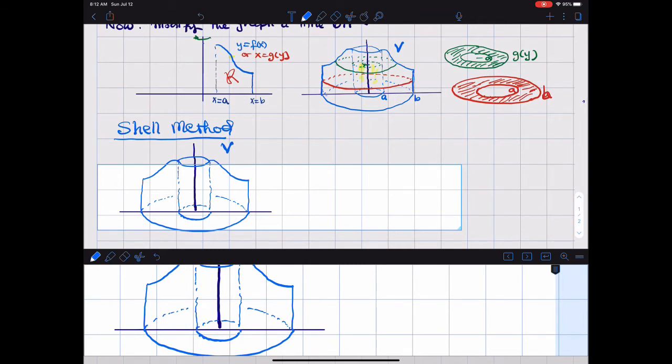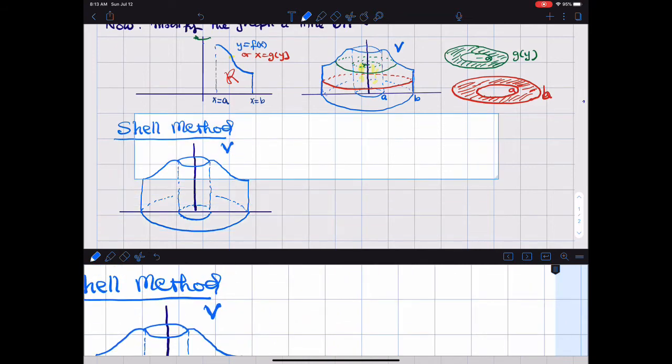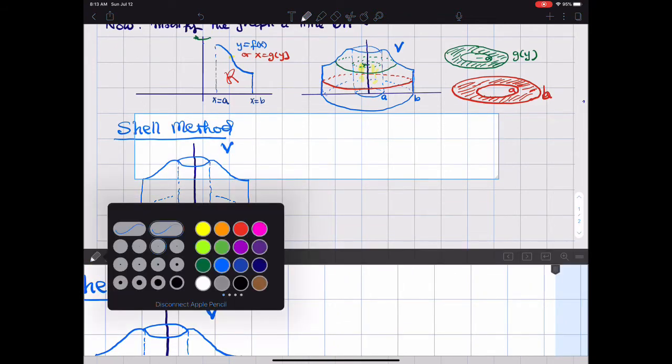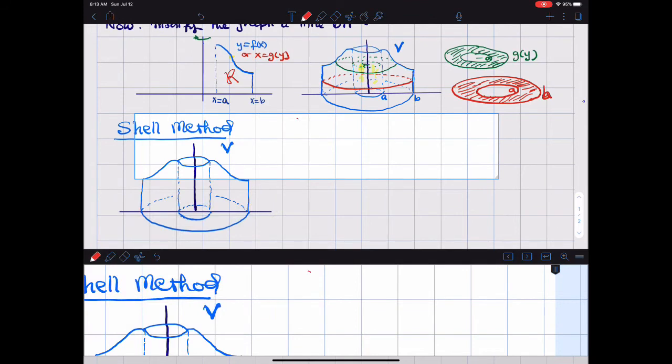Now, this shell method is actually very intuitive. Think of the solid as a roll of toilet paper. If you have a toilet roll and you start to open it, it usually has a hole in it.